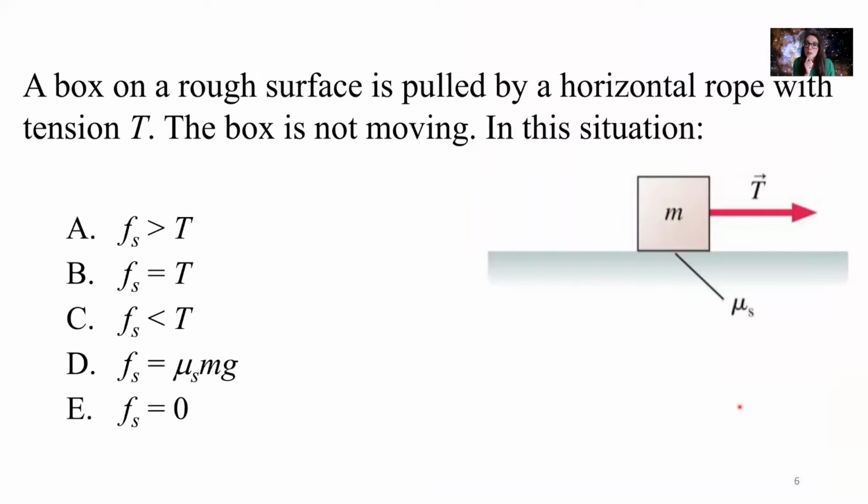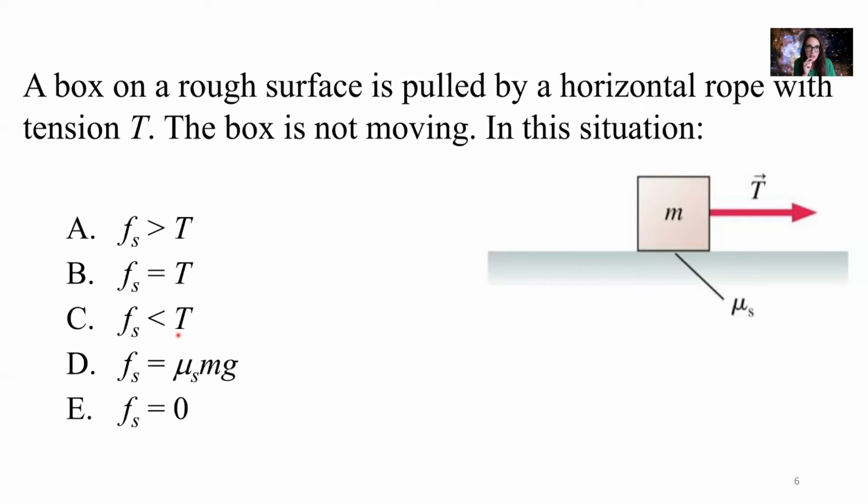With that information in mind, I'm going to ask you about this question here. We've got a box on a rough surface, and it's pulled by a horizontal rope with tension T. The box is not moving. In this situation, what is the force of static friction? You've got 5 options here, so just thinking about what we just talked about, I want you to answer what you think.